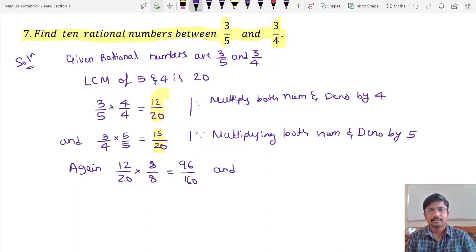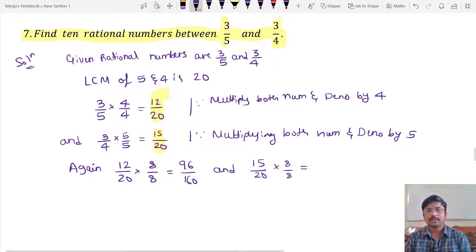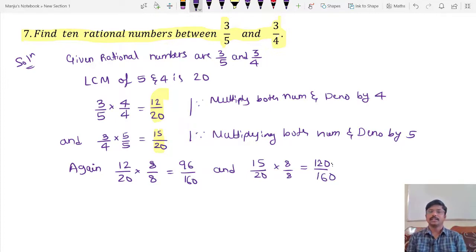And 15 by 20, multiply both numerator and denominator by 8 here. 15 8s are 120, and 20 8s are 160.